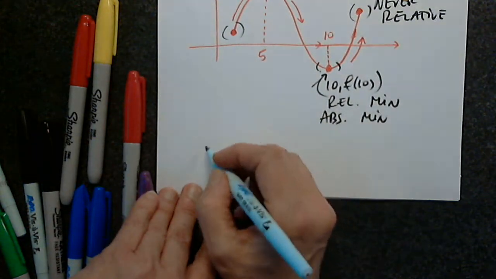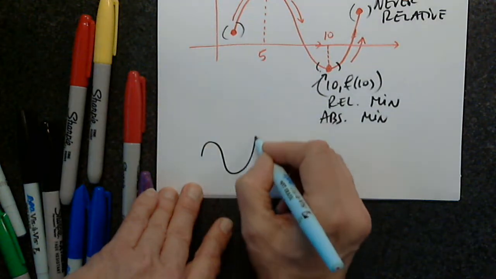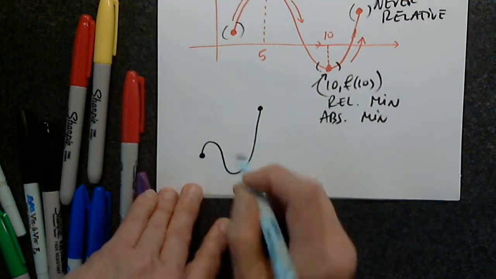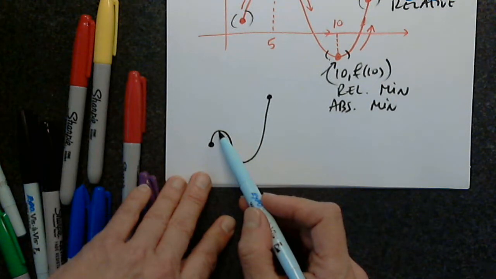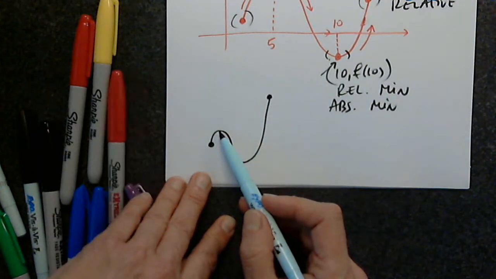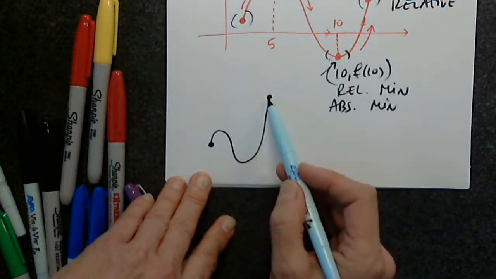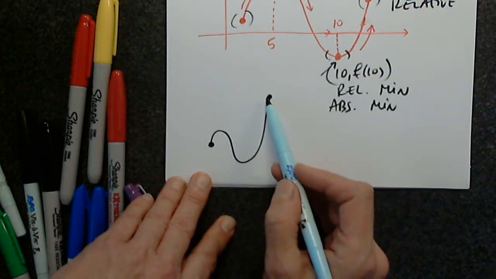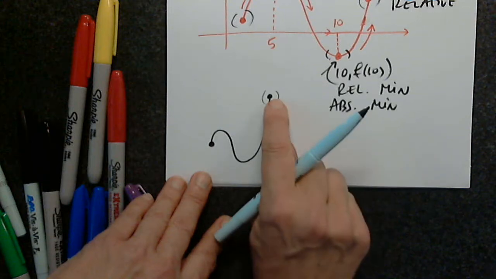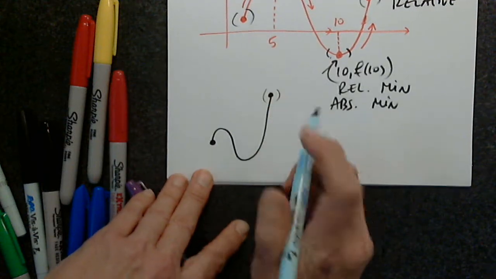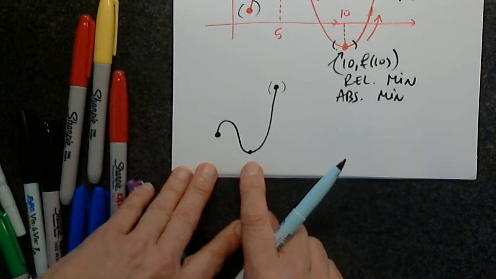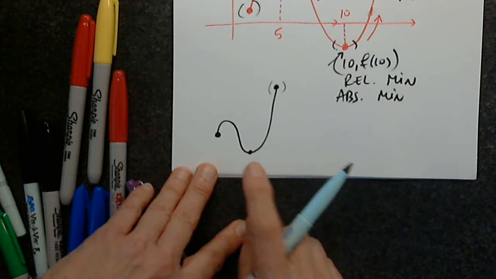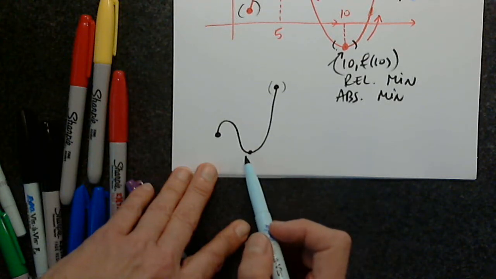Now, if I graph the function like this time, this is a relative max, and it's not a global max because this is the global max. But this is not a relative max because I cannot show the open interval on this side. But what about this? This is a relative minimum, but it happens to be a global minimum as well, because there is no other value smaller than it.